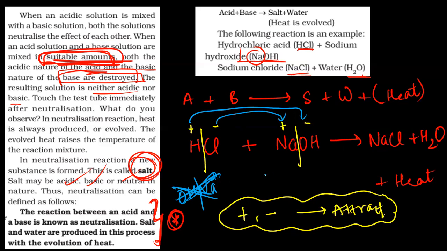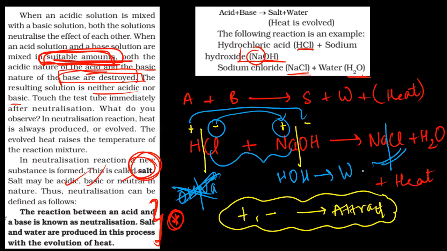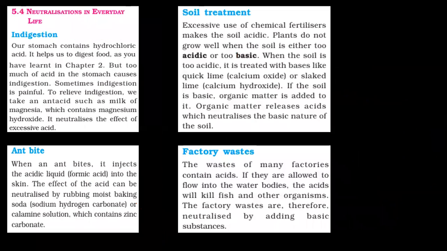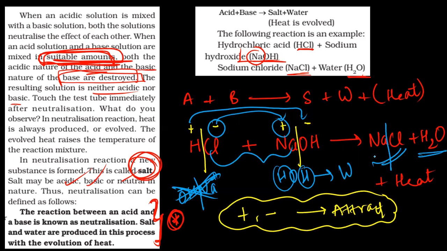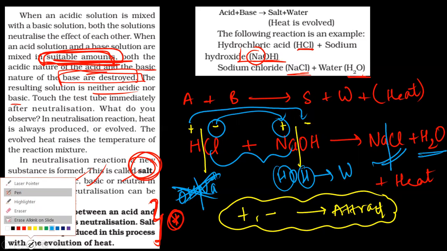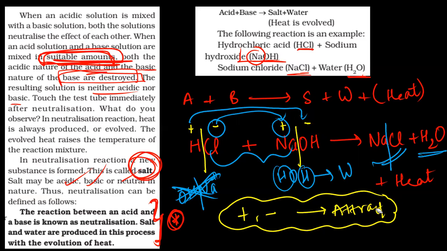So when I react them, I get NaCl. Now this is H and OH, which is nothing but water, H2O: 2H and 1O. This was just for your understanding so that there is nothing to get confused about when you learn this reaction, and you totally don't have to learn this reaction by heart.